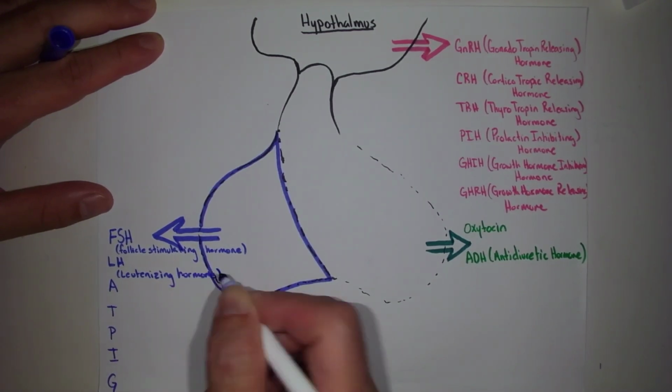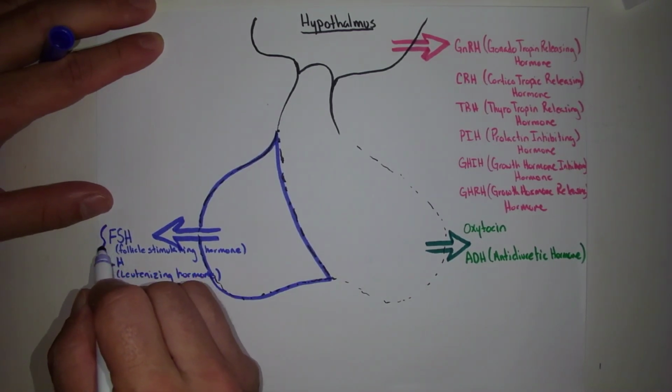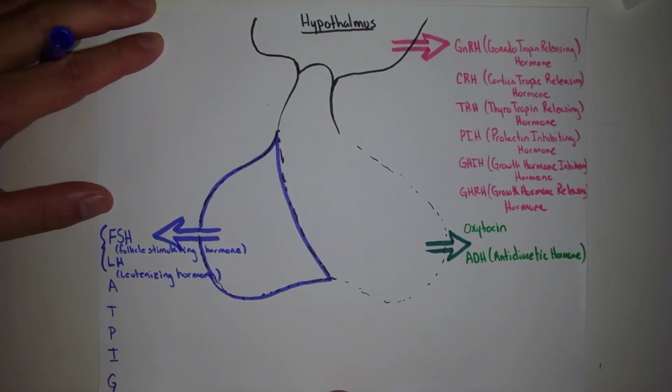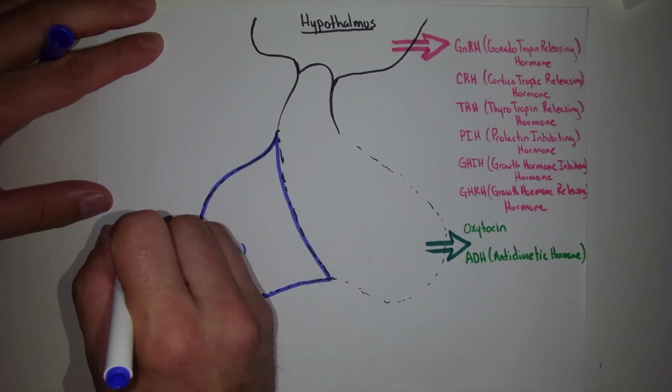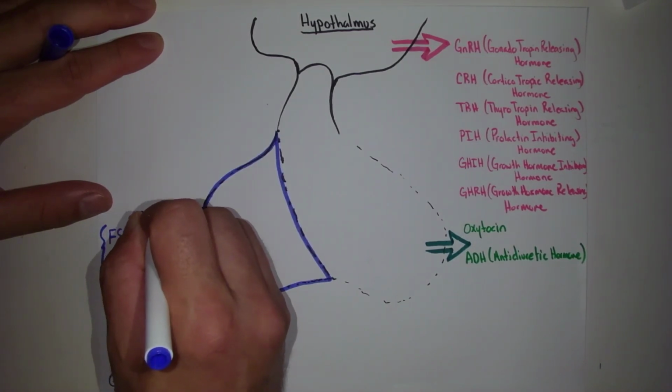These are collectively known as the gonadotropes. The gonadotropes are another name for those collectively.